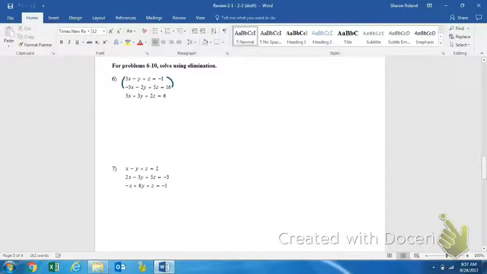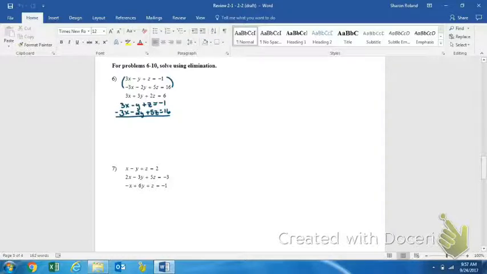Okay, the purpose of elimination is to add or subtract one equation from the other, or add two equations that will eliminate a variable. And since the coefficients for x are 3 and -3, I'm going to add the first two equations together. And when I do that, you have 3x minus y plus z equals -1, and then -3x minus 2y plus 5z equals 16.